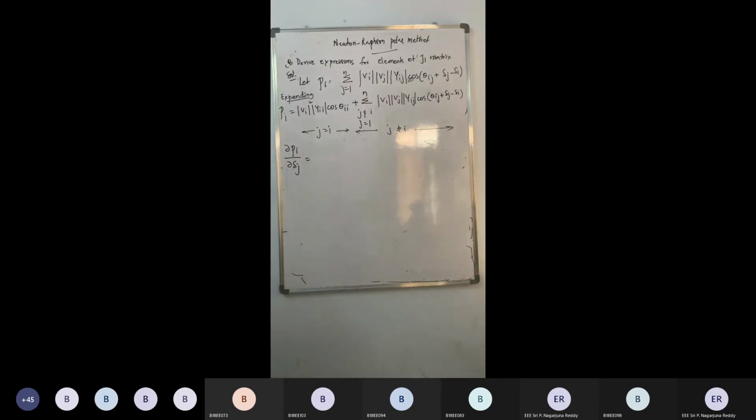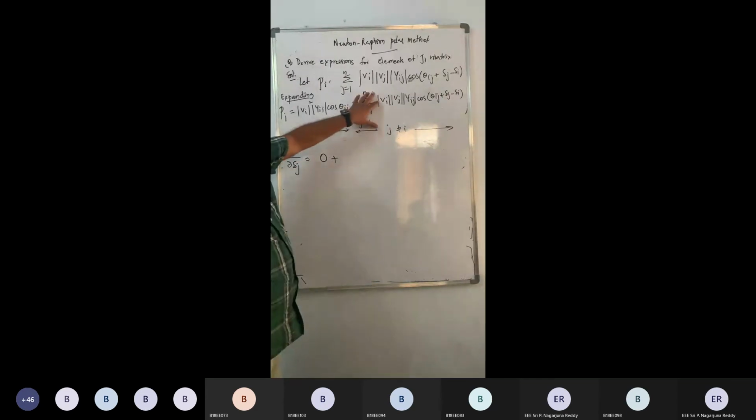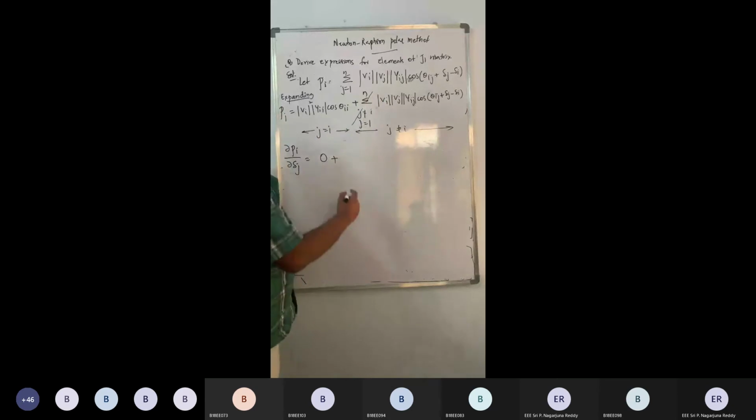I with respect to j. Again, do you have anything here with respect to j? No, it remains 0. And this is sigma in terms of j, and I'm doing it with respect to j. So sigma gets cancelled, so no need to write sigma again. I can directly go with the derivation.